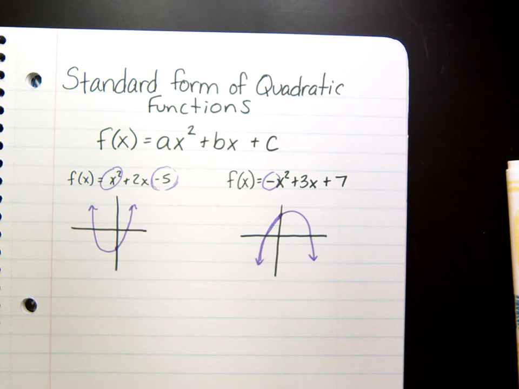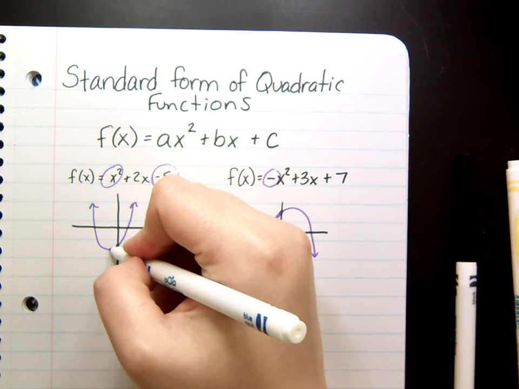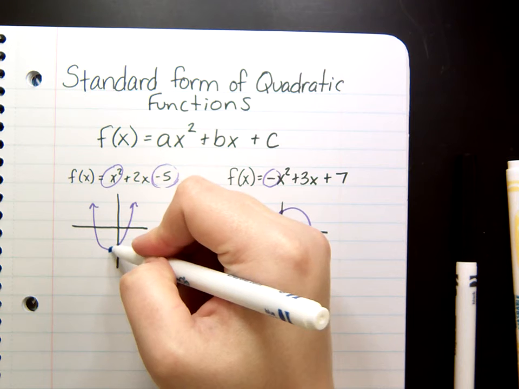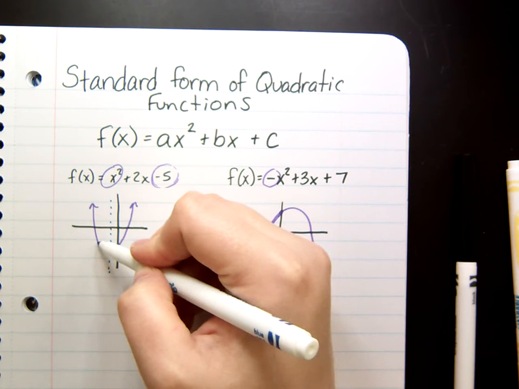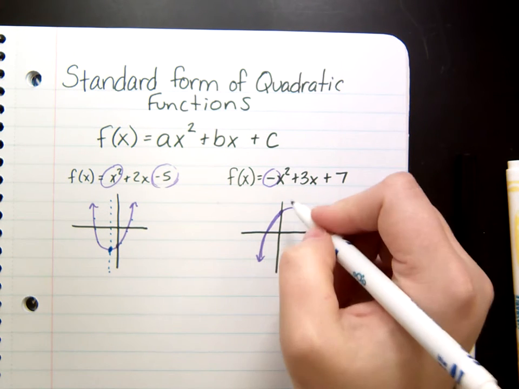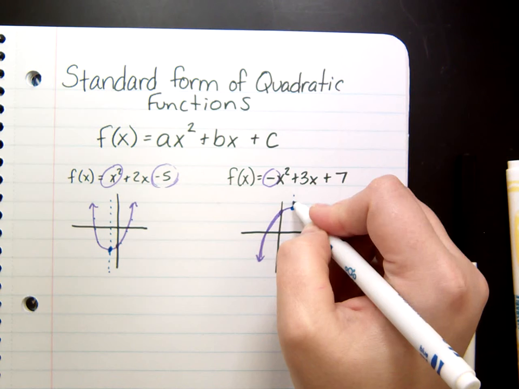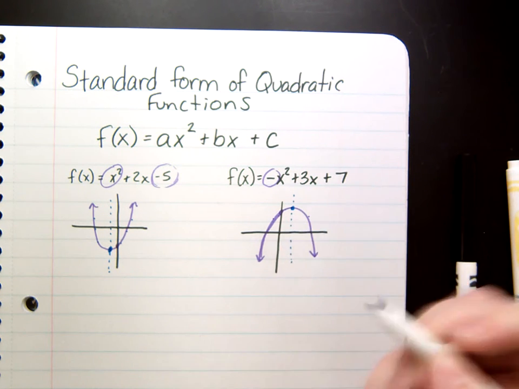Now, parabolas are symmetrical, which means if I were to divide these lines in half through the vertex, remember your vertex is your turning point, if I were to divide it in half right about there, my points on either side would line up. Same thing over here. If I were to do a vertical line through the vertex, my points on either side would line up.